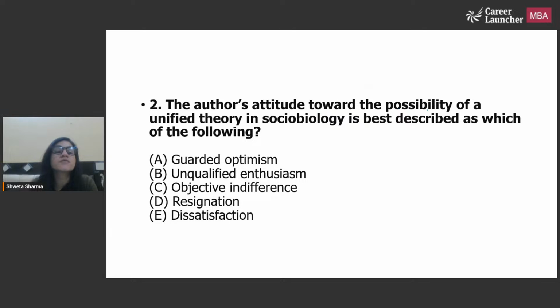The author's attitude towards the possibility of a unified theory in sociobiology is best described as which of the following? Tell me, guys, quickly, which option do you find is the correct answer?